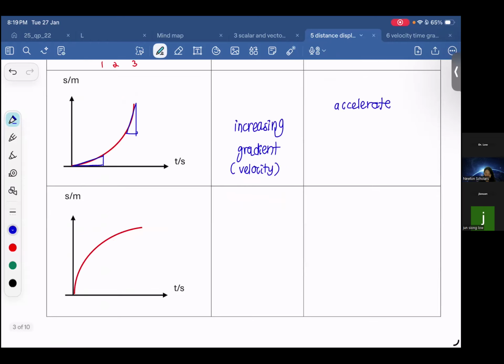Okay, another case here. I don't need to draw a complete triangle. I can just draw the line like this. The line will show my triangle like this, and like this. Okay, so can you see the behind part? As time goes, here your gradient is increasing or decreasing?